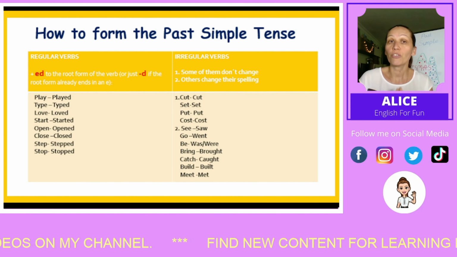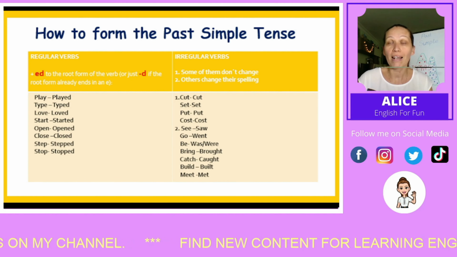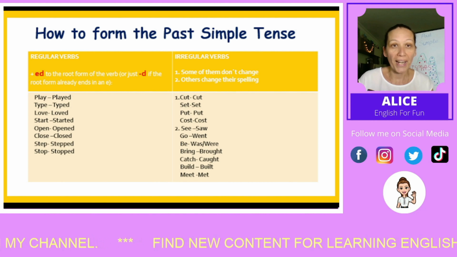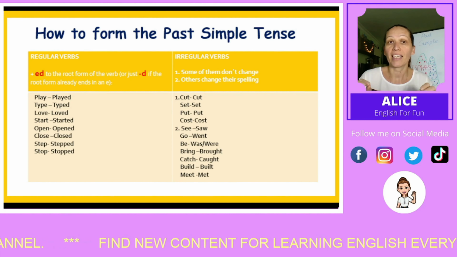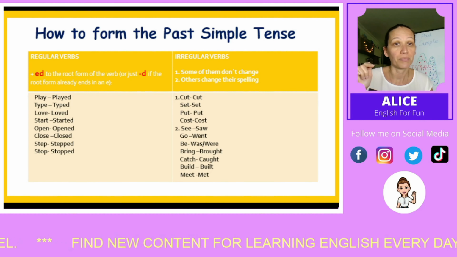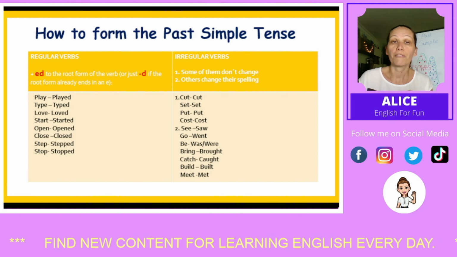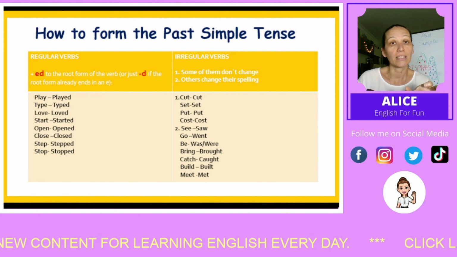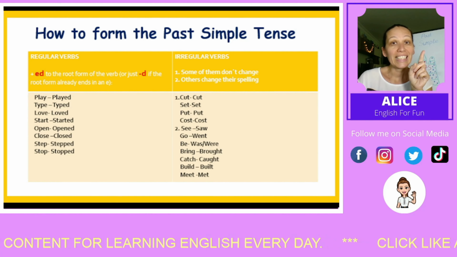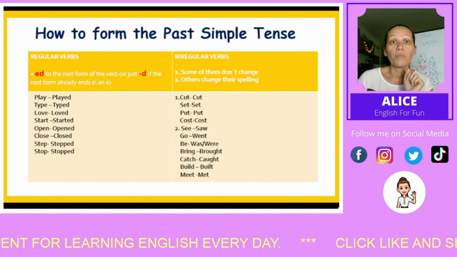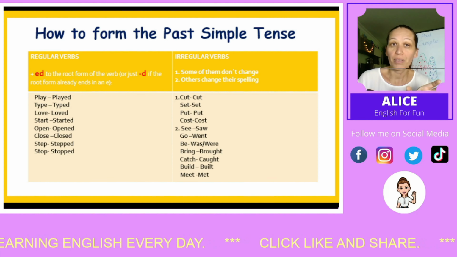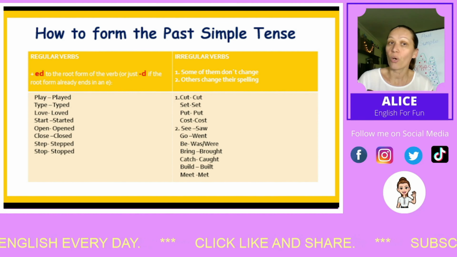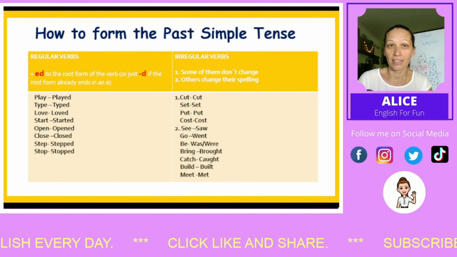Okay, so in case of regular verbs, to form past simple tense, it's quite easy. We just need to make sure that the verb at the end has ed. So if the root is play, played. But in case a root form already ends in e, for example, in the verb type, in this case, we only add d at the end.